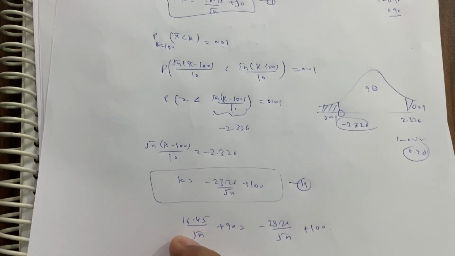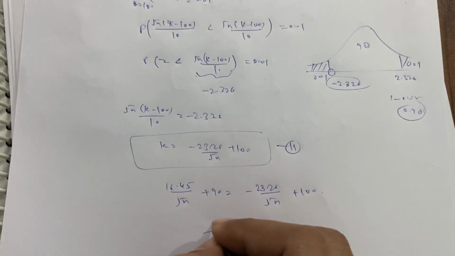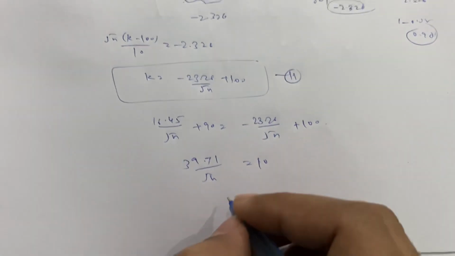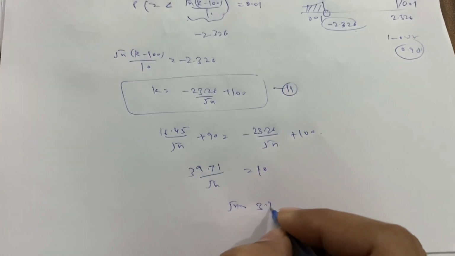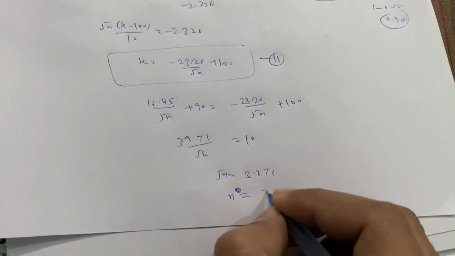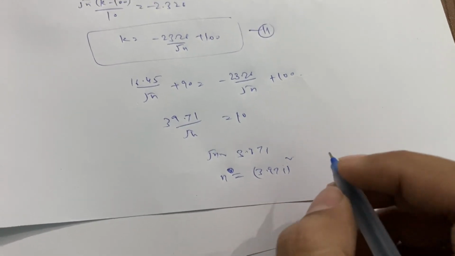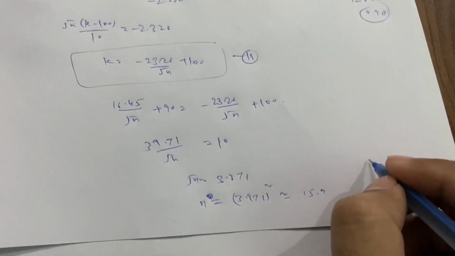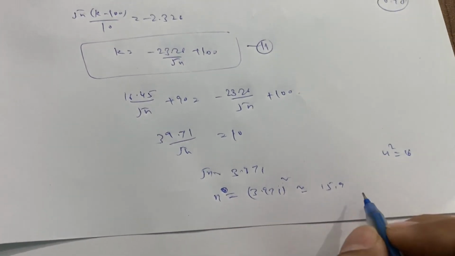Adding these, root n will be 39.71 divided by 10, which is 3.971. Now squaring both sides, n will be 3.971 squared. Now see, this is very close to 4, so our answer will be about 15.99 something, because 4 squared is 16 and this is close to 4. So our answer will be about 15.9.